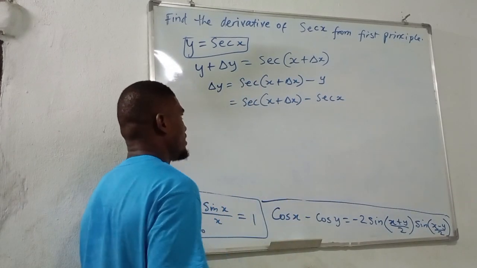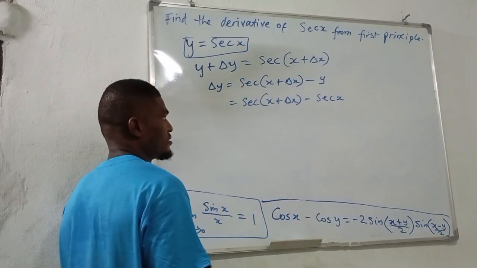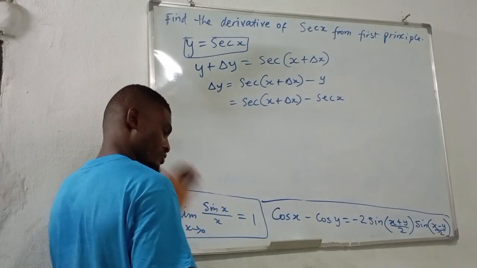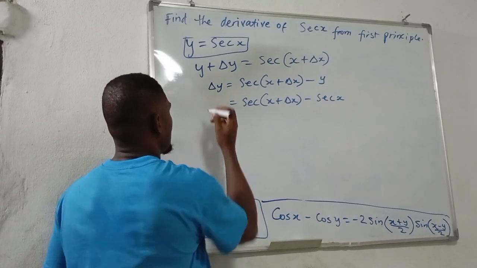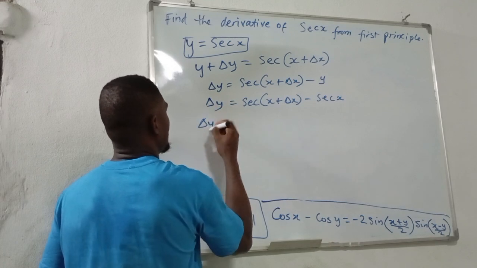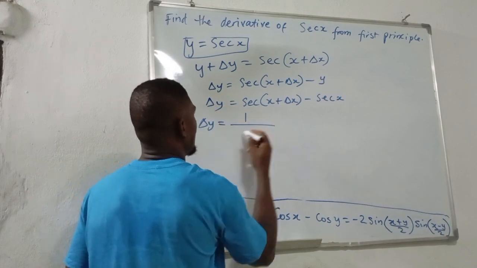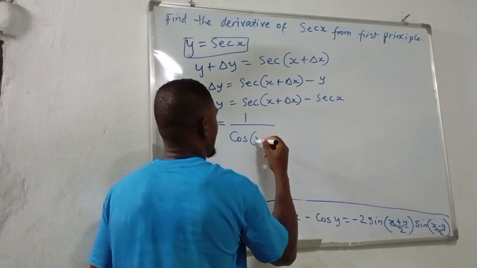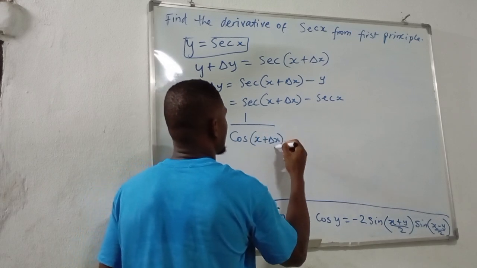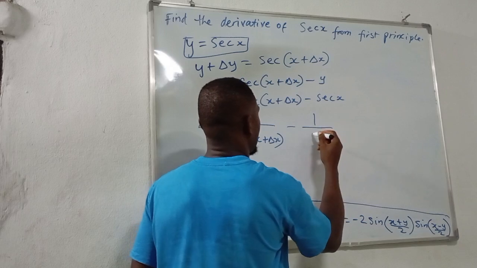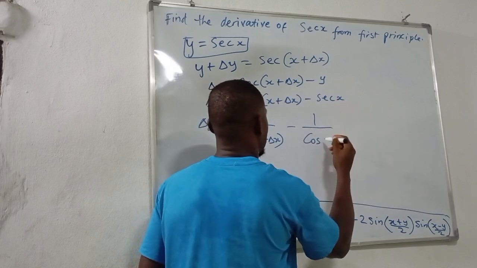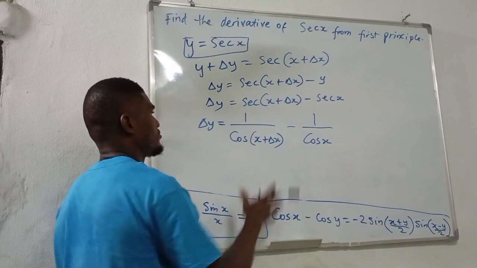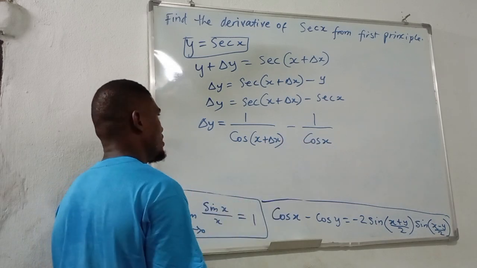Now let's recall that sec of any angle is equal to 1 over cos. So here we're going to say that dy would be 1 all over cos(x plus dx) minus 1 all over cos x. Alright, so the LCM, we know what the LCM is.